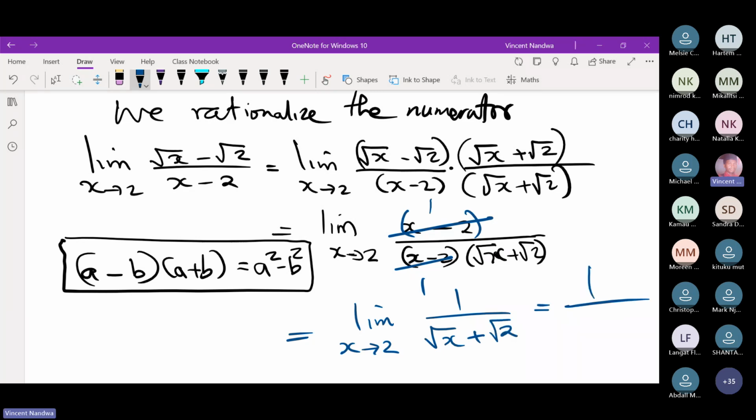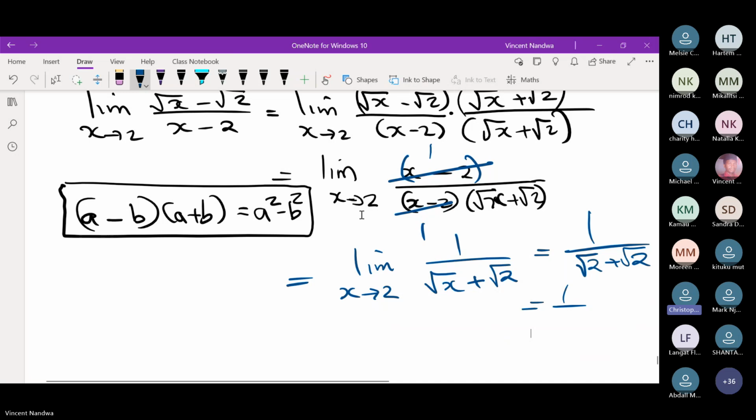Now at this point, provided you have done the proper rationalization and simplified the expression, direct substitution must always work. So when you substitute where there's x by 2, you'll have 1 over root 2 plus root 2. And what is root 2 plus root 2? 2.